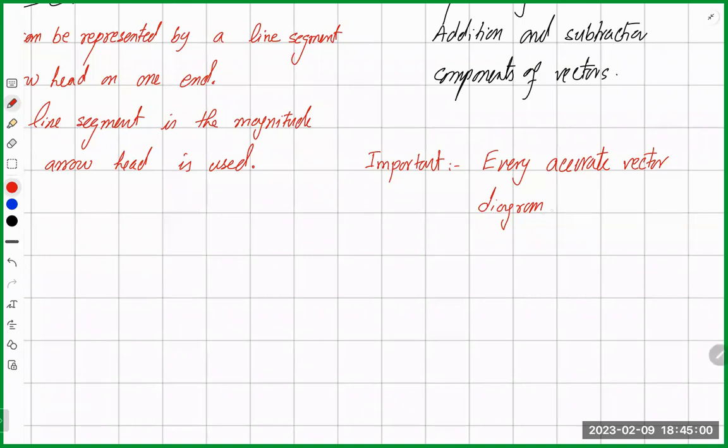Every accurate vector diagram requires information for scale of diagram. Like how much of the quantity is represented by each centimeter on the diagram?